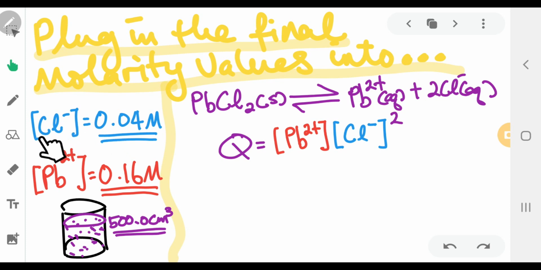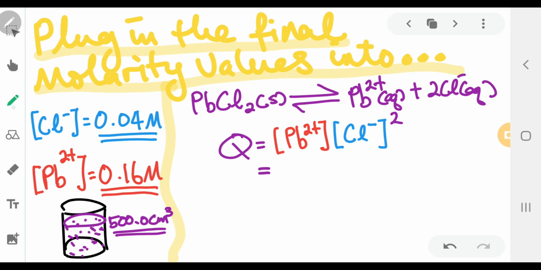Remember, the concentrations that we have worked out are the concentrations for the mixture with the volume of 500 centimeter cubic. So we're just going to take the value of Cl minus, 0.04 molar, and put that in there. 0.16 molar for Pb2 plus, you're going to put that in here.